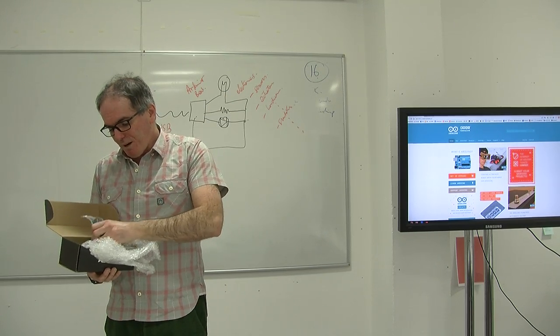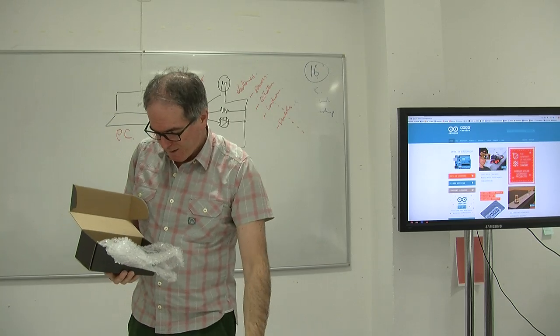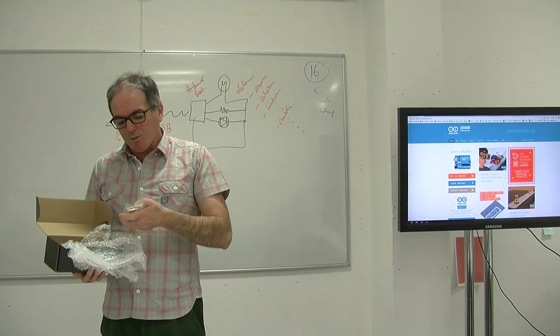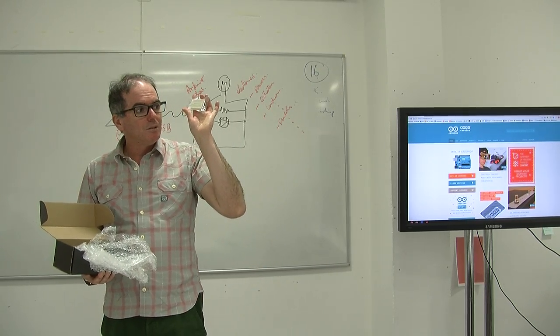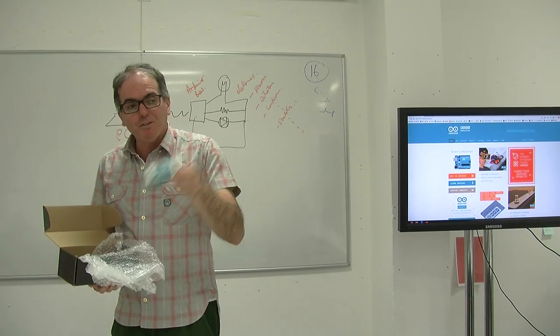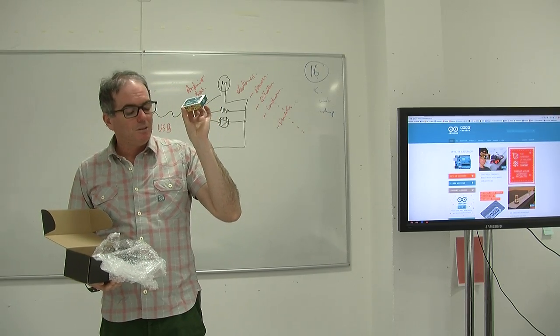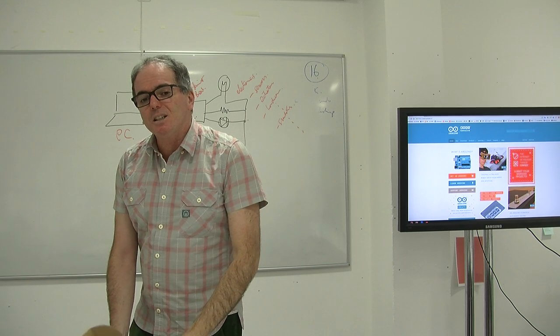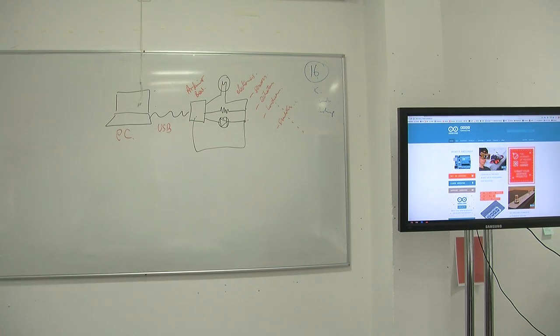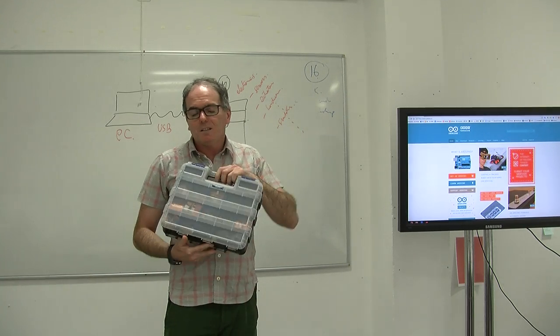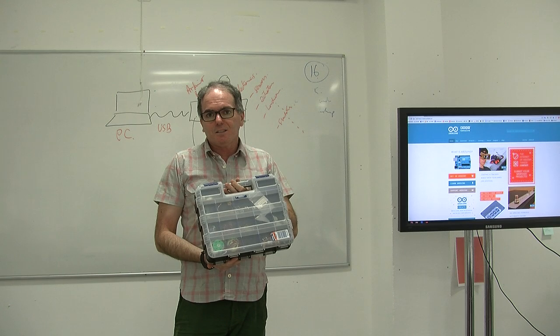You have a power supply. You have what you call a breadboard, and you have an Arduino board. And that's the kit you're going to use. Here are more electronic sensors, and there's more on this side.